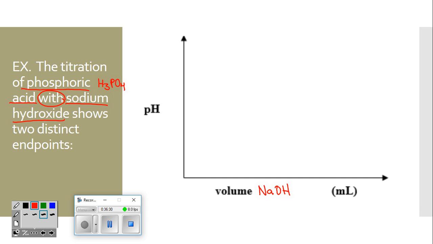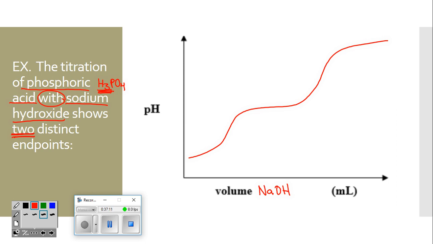How come there's only 2 endpoints? In a lot of cases, the number of hydrogens tell you how many endpoints there could be. But we all know that in real life, sometimes things are so slow or too weak or they don't happen. That's the case here. Even though there's a 3 in the formula, there's only 2 endpoints because the third reaction is too weak and won't actually happen. But in this scenario, we would have a pH curve that goes up something like that.